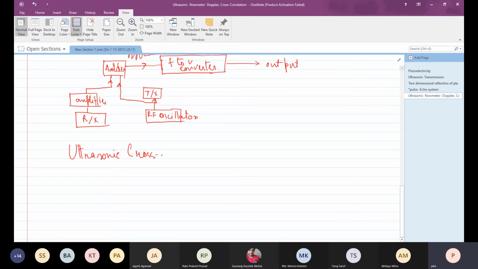There could be electromagnetic or capacitive cross correlation flow meters as well. Other kinds of cross correlation flow meters also exist.